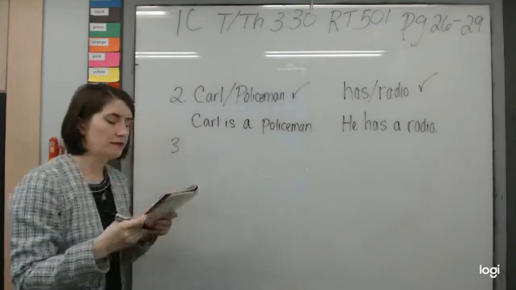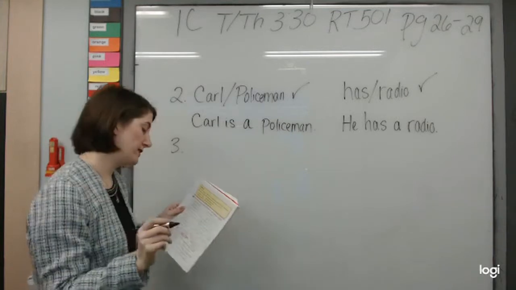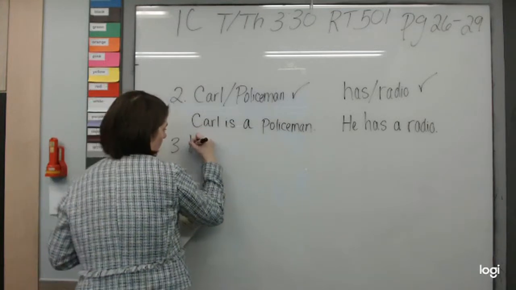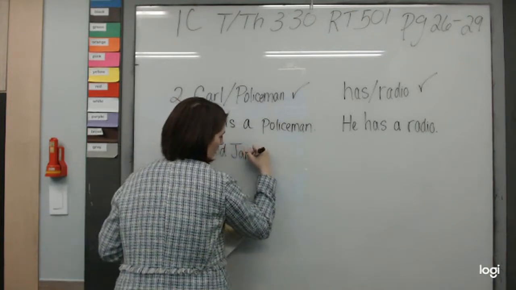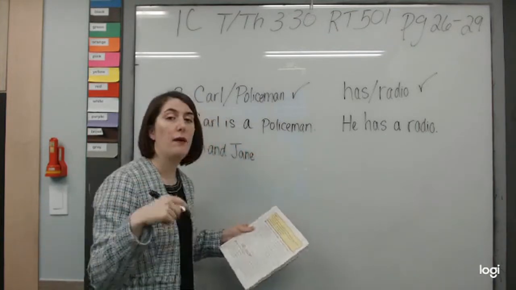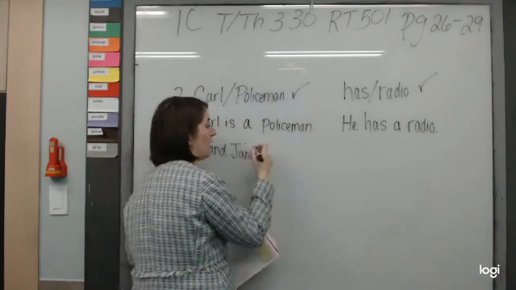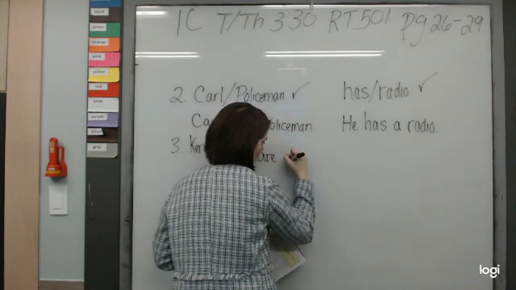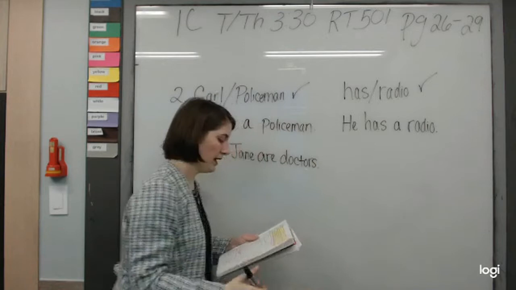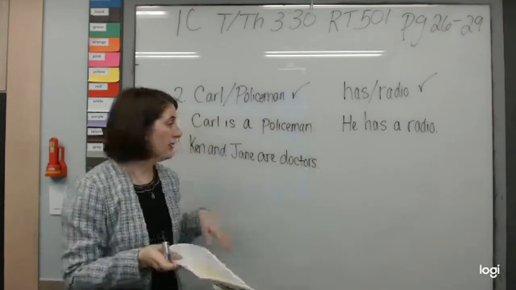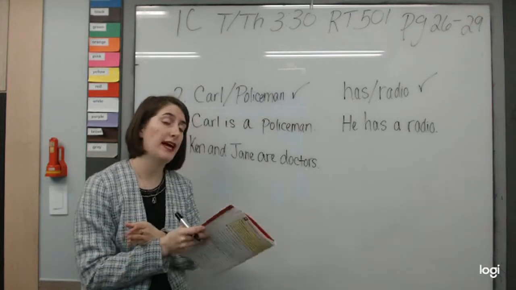Ken and Jane, doctors, with a check. So, affirmative sentence. Ken and Jane, remember, more than one, no a, no an. Ken and Jane are doctors. Okay? And then next to it, it says deliver letters X. Do you remember what X means?